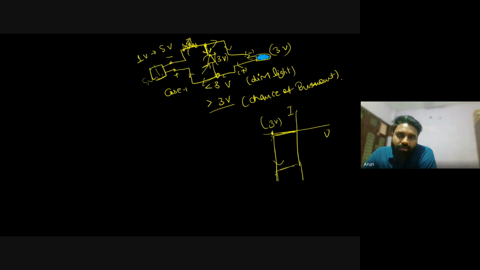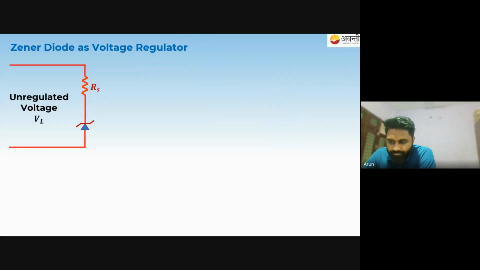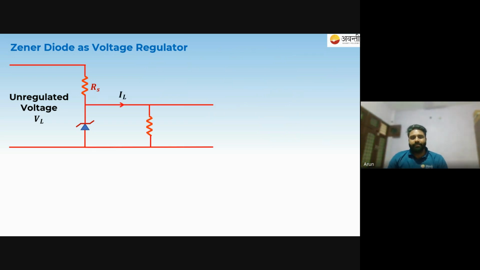So for the Zener diode to work at 3 volt, this load resistance would absorb 2 volt, ठीक है, so that the potential difference across the Zener diode remains 3 volt to satisfy this condition. I hope you are clear with this.